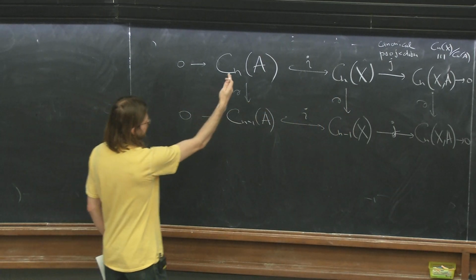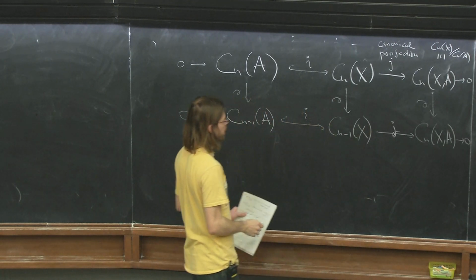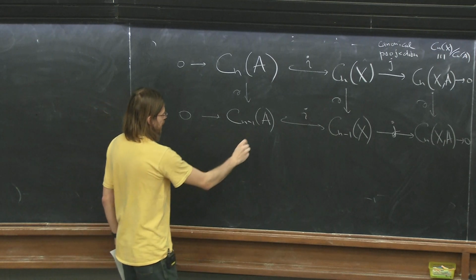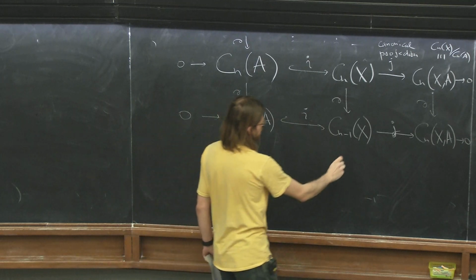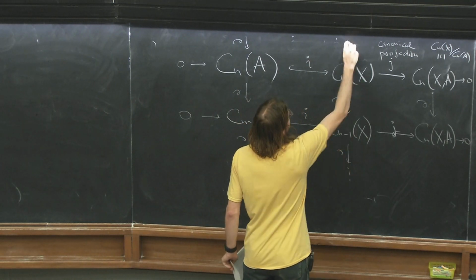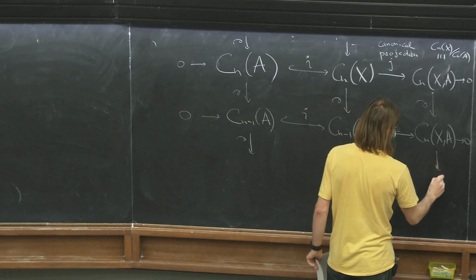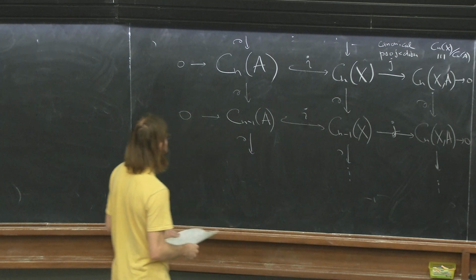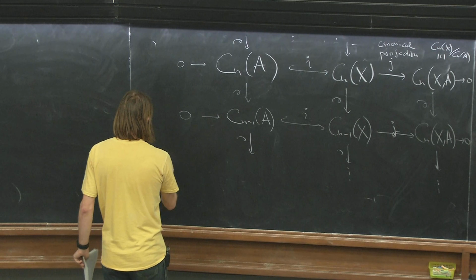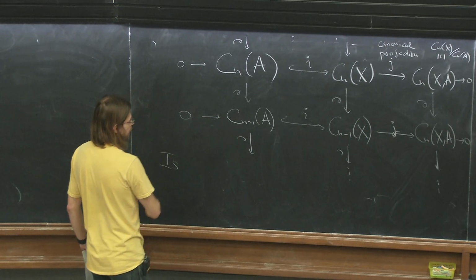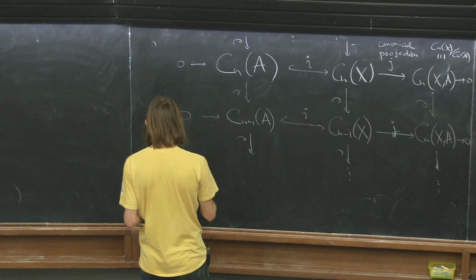All these columns you can consider as part of the corresponding chain complexes. You may continue it to n minus 2 and so on. The way we define these things, we automatically get that this diagram is commutative.